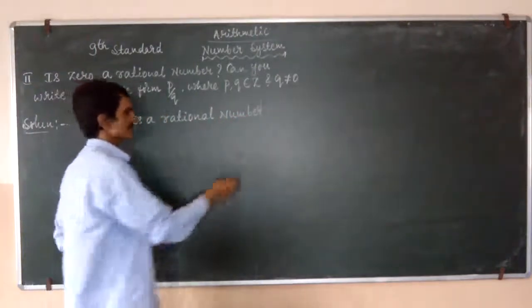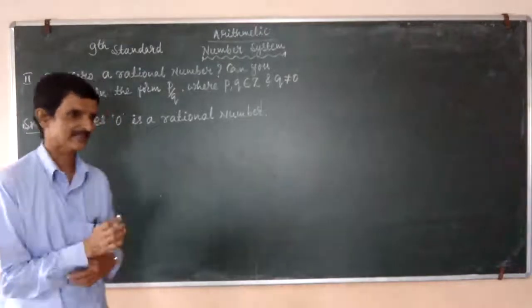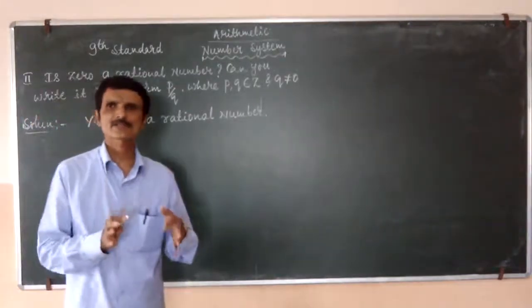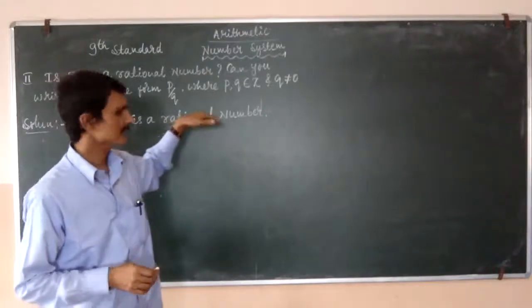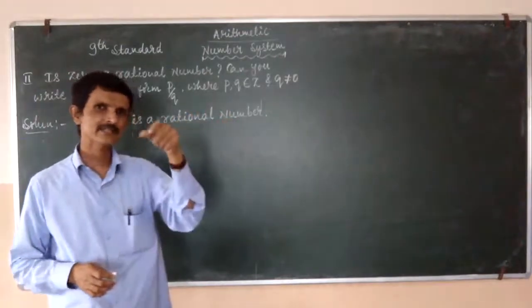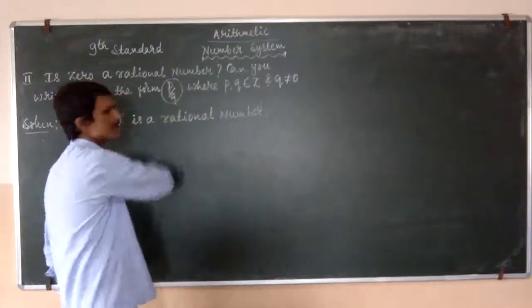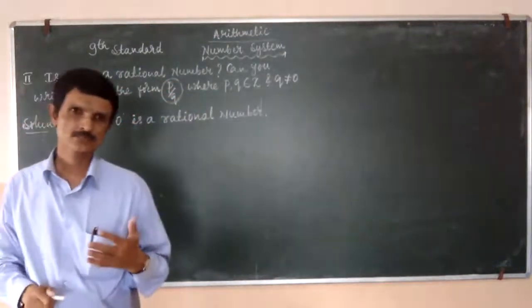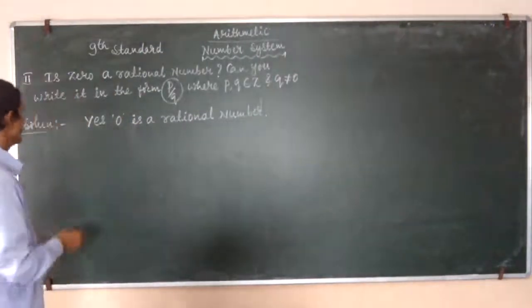In the next part of the statement, by the definition of rational numbers, every number which can be expressed in the form of p by q is called a rational number.